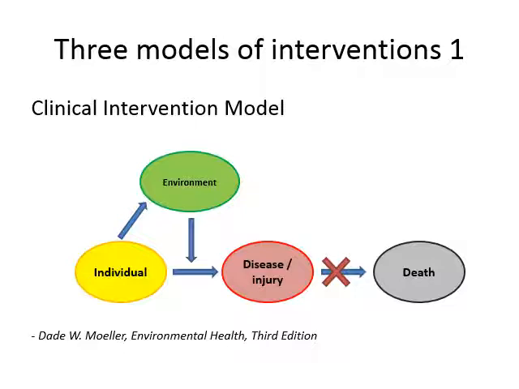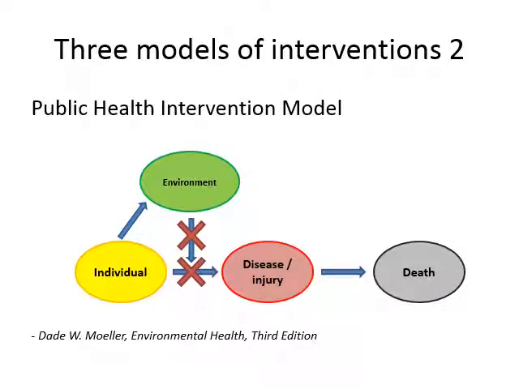Environmental pollution, man-made disasters, and other adverse environmental conditions will in turn affect human beings, contributing to the development of diseases or injury. The illnesses, if not treated, or if they become too severe, may end in death. In the clinical intervention model, the intervention is targeted at treating the diseases or injuries caused by the environmental health hazards. In most cases, these treatments are not effective, because they are individualized, and probably too late.